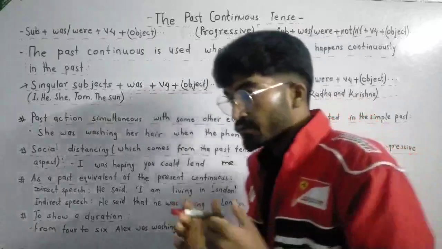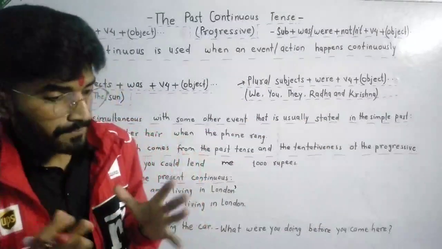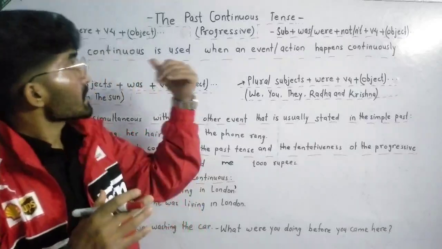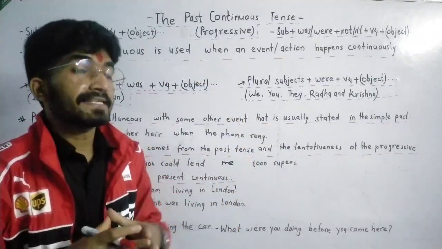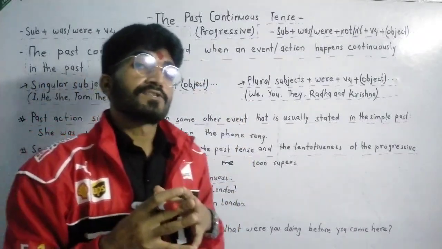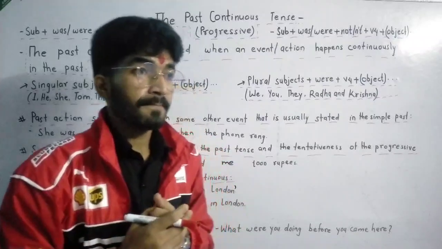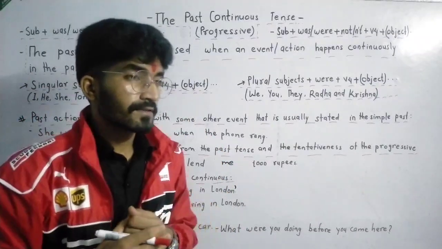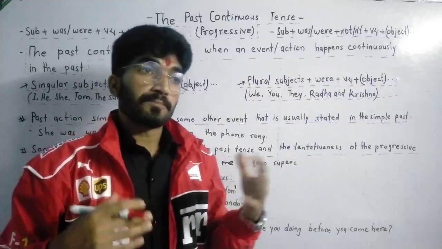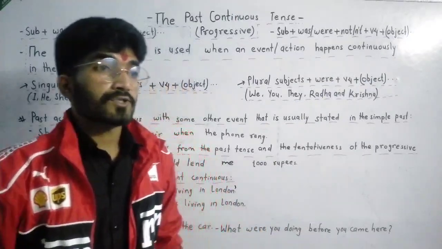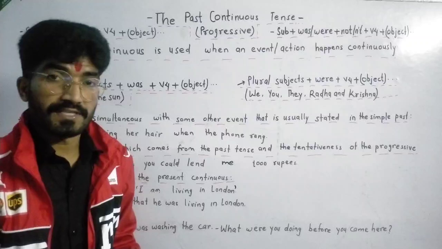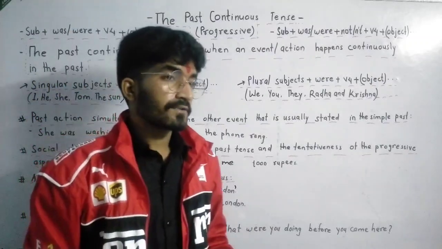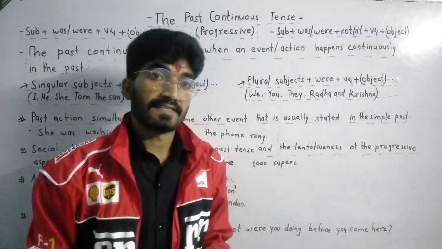Another use could be that sometimes speakers use the past continuous tense instead of the past simple tense. For example, instead of saying I talked to Alex, some people say I was talking to Alex. Like this they speak. The thing is whether people can understand it or not.